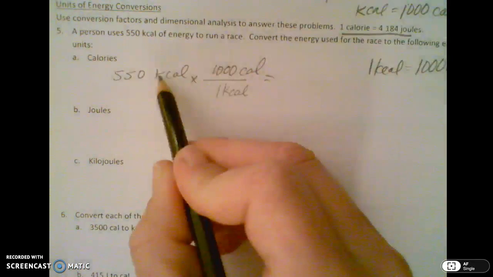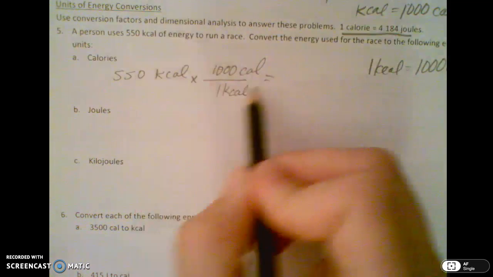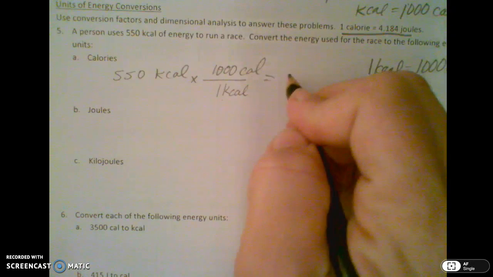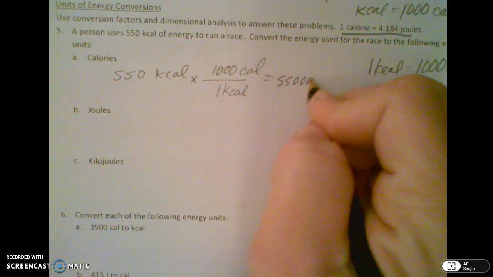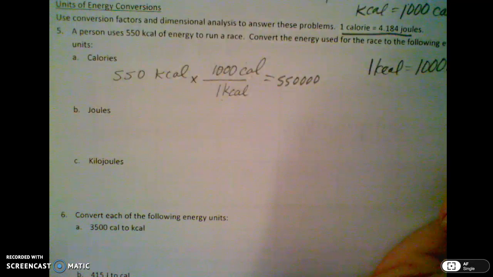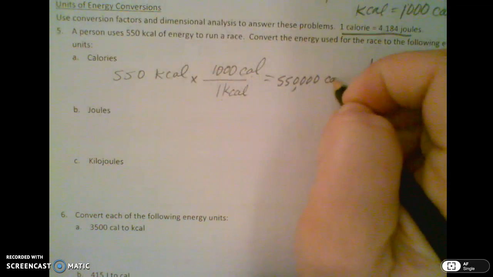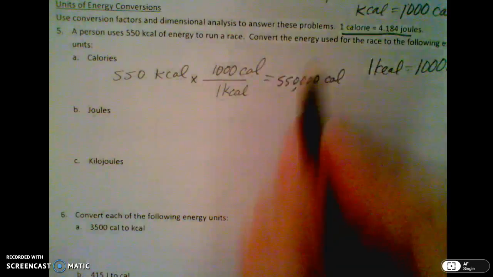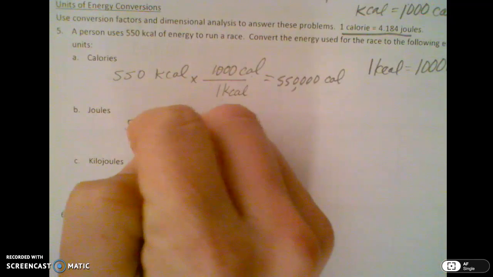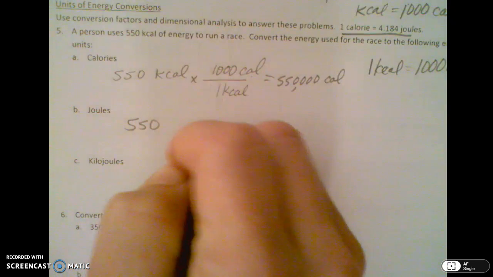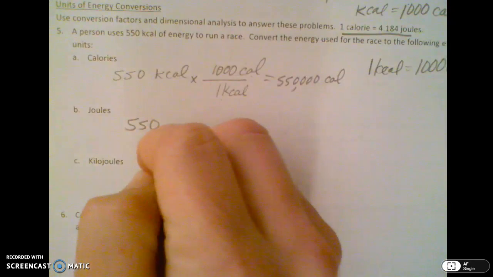So up here, we converted our answer to calories, which ended up being this many cals. And you will take that answer, move it down here, and you can then convert that to joules.